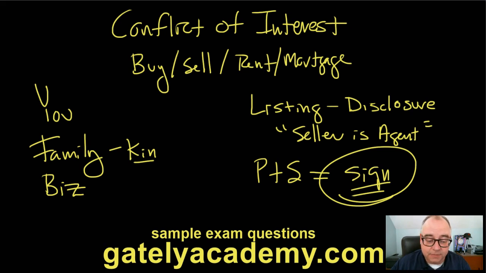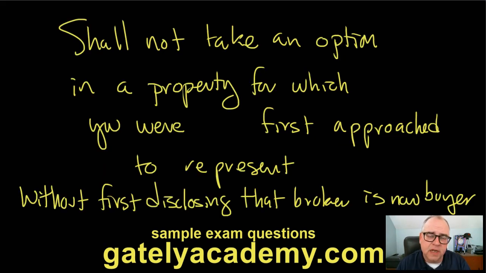All right, up next. Okay, so I interpret this next one fairly widely. In the regulation, they use the word option, but I interpret this fairly widely. Here's the prohibition. You shall not take an option in a property for which you were first approached to represent the property as the listing agent without first disclosing that you are now interested as a buyer, right?